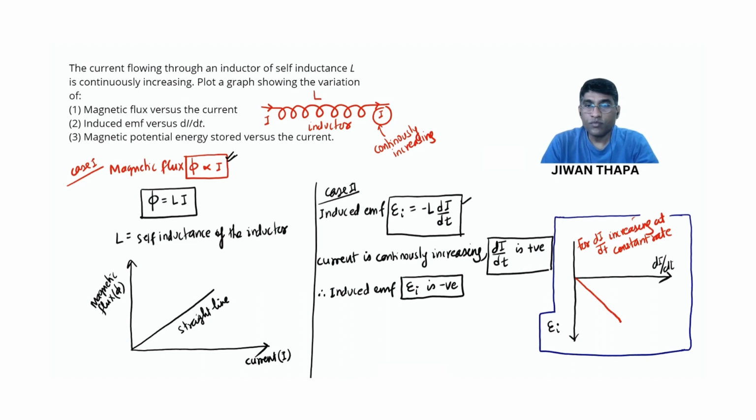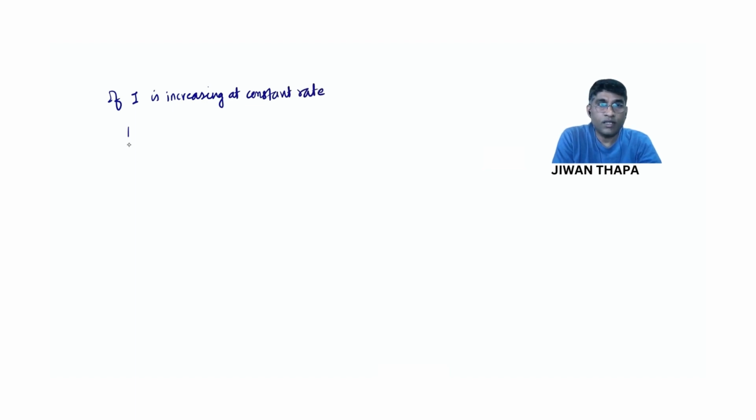Now, if I, that is current, is increasing at a constant rate, for this condition the graph is a straight line.